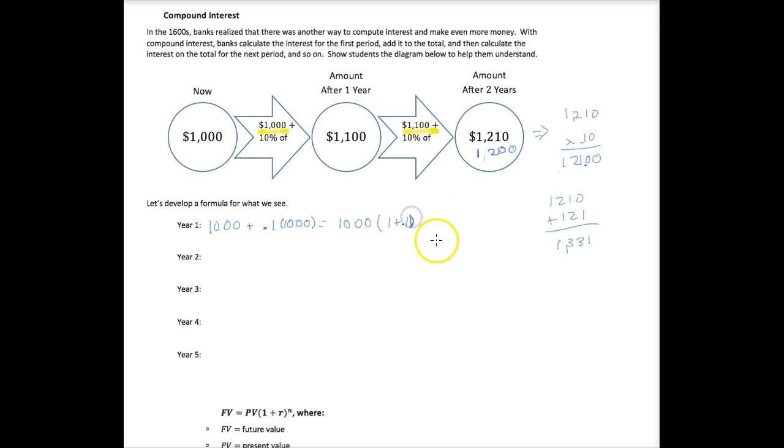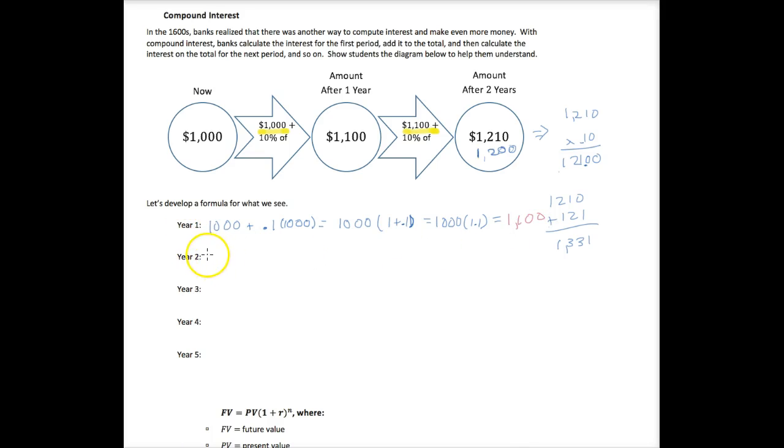Leave that in my parentheses. And that gives us 1,000 times 1.1, which is $1,100. That was our first year.